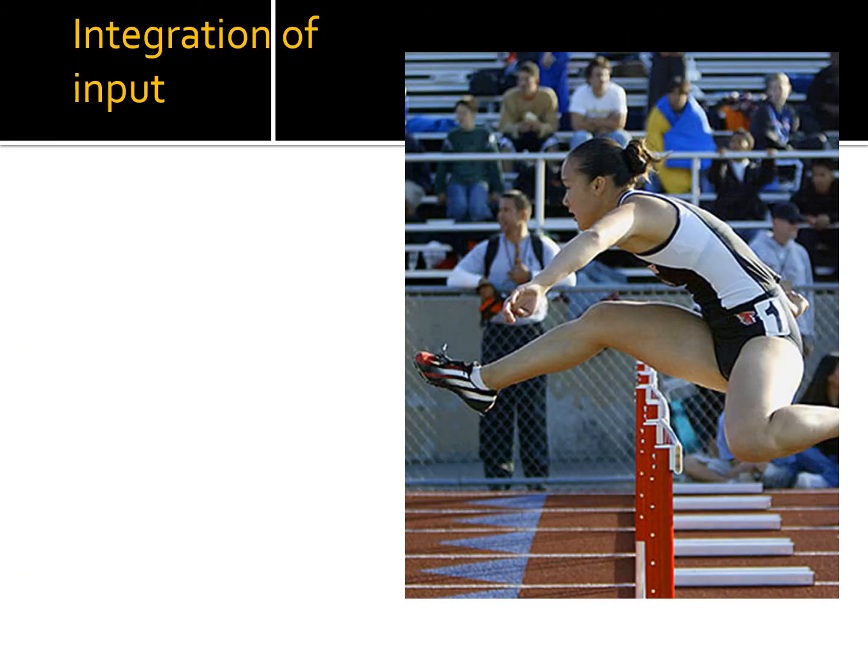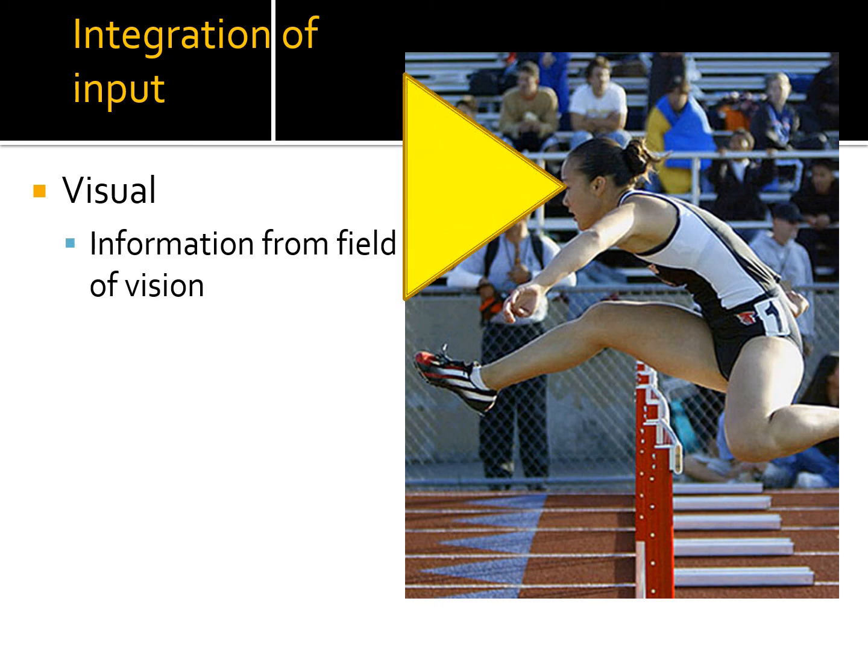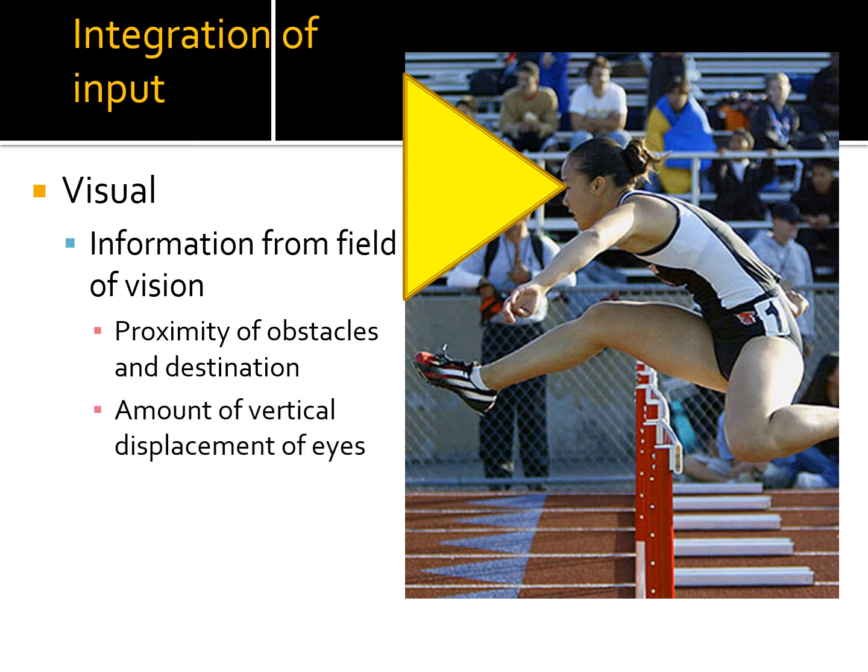So let's go ahead and think about this integration with a rather complex task of running the hurdles. So here we see an athlete, and in order to successfully run the hurdles, she needs input from her visual system, which includes the proximity of the obstacles and the destination, so she knows where these hurdles are in space, and the amount of vertical displacement of the eyes to give her some input, not all the input that she needs, but some input about whether or not she is reaching sufficient height to clear the obstacle.